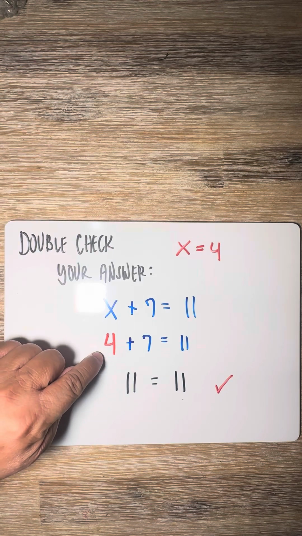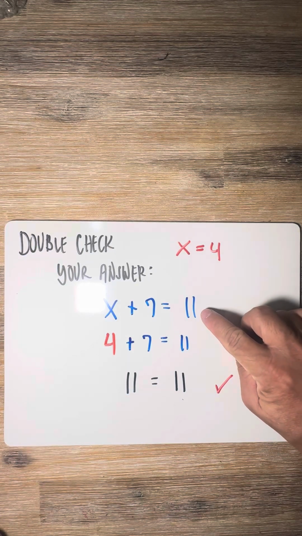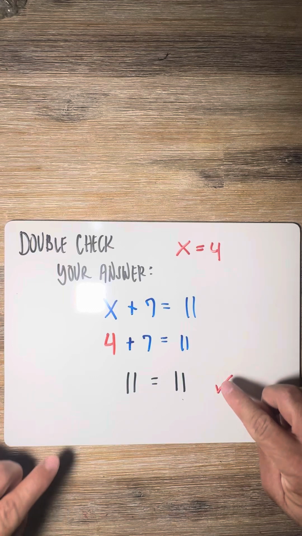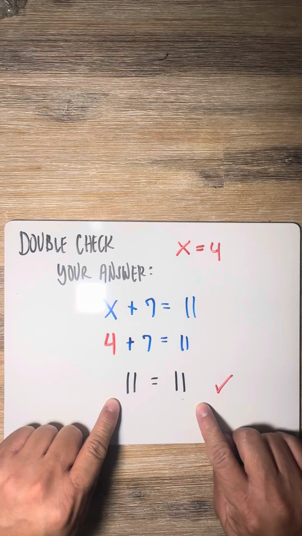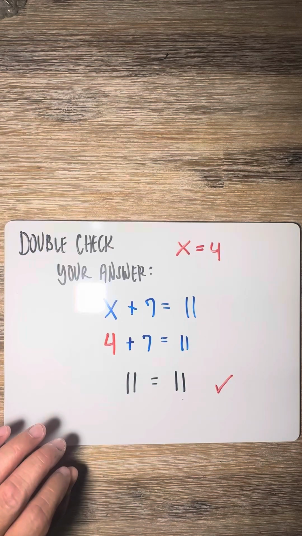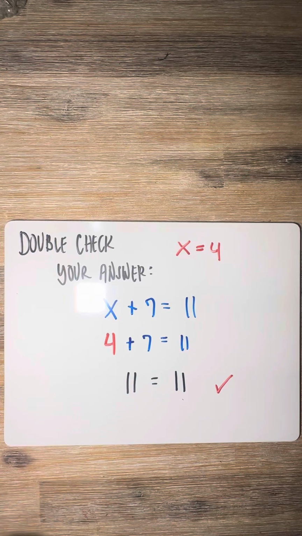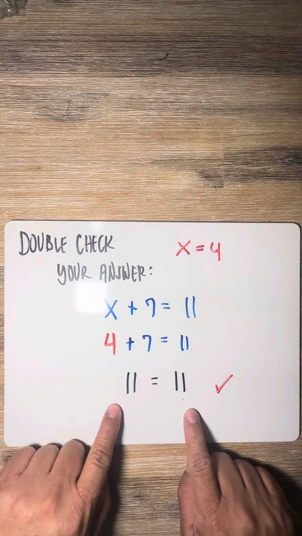So 4 plus 7 equals 11. And on the other side, it's already 11. So on the very bottom, 11 equals 11. If that is true, then this is the right answer. x equals 4 is the correct and final answer because we have shown you that the left and the right side are truly equal in value.